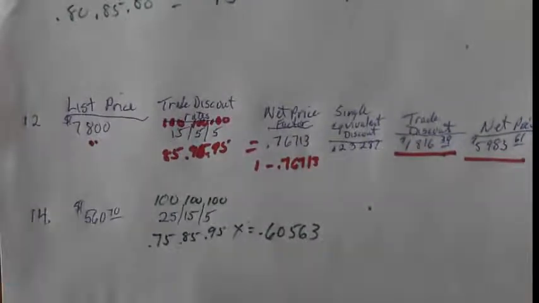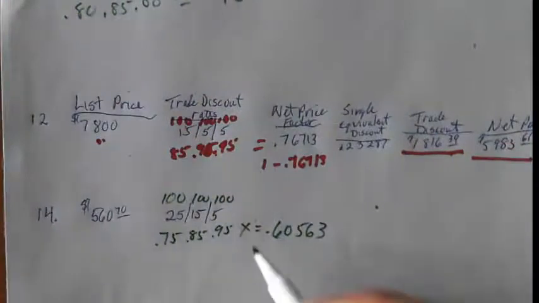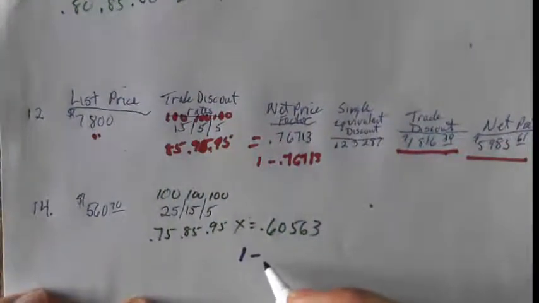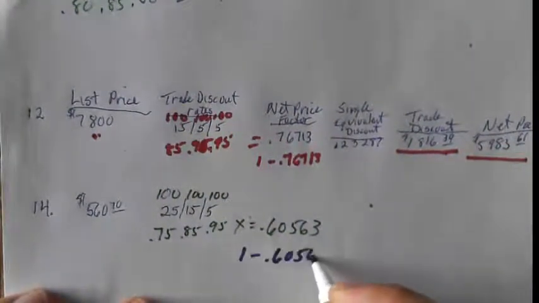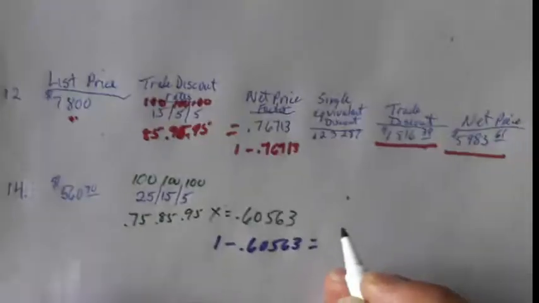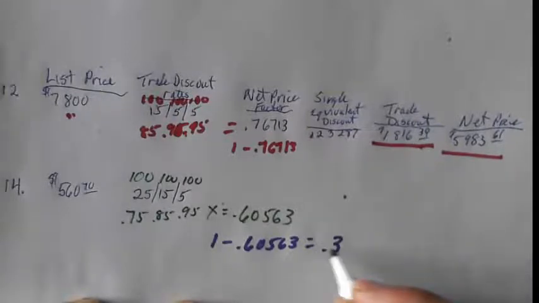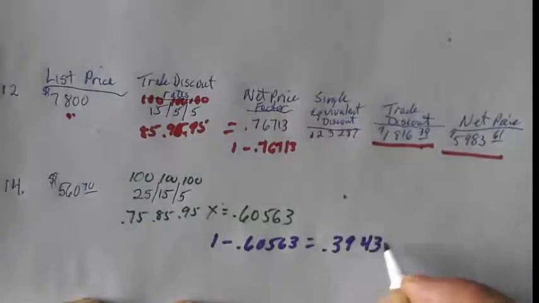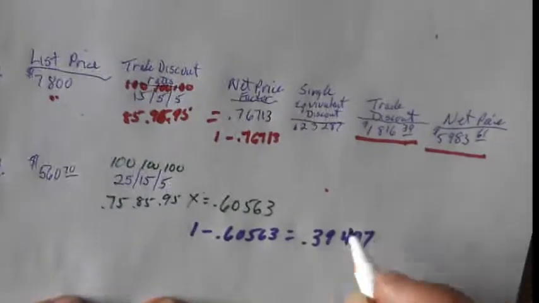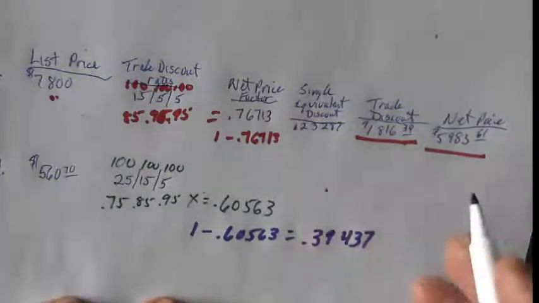You would then take, trade colors again. I like switching colors, as you might have noticed by now. So we take that and subtract, and we would get 0.39437. Okay, so that is our single equivalent discount.